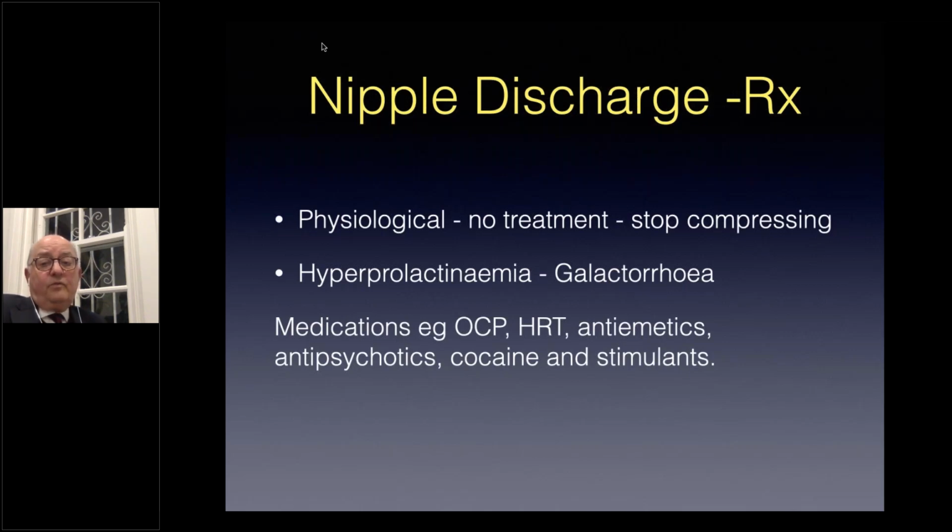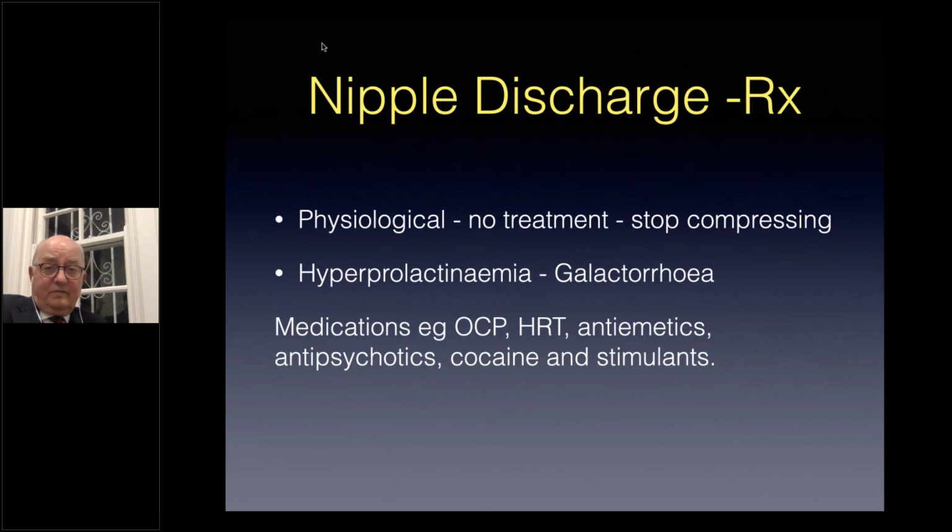With hyperprolactinemia or galactorrhea, you look for causes such as pituitary lesions, or medications such as HRT, antiemetics, OC, and the list that I've got there, which I feel fairly sure that you're aware of. So it's the spontaneous unilateral ones that really do require surgical intervention.